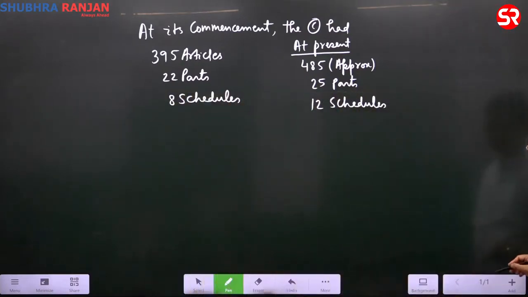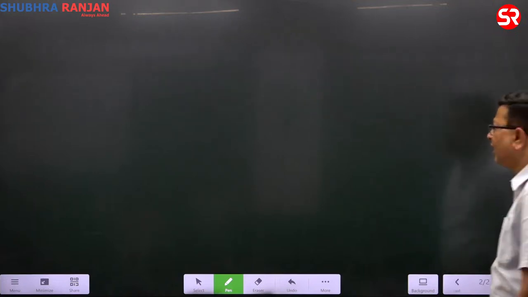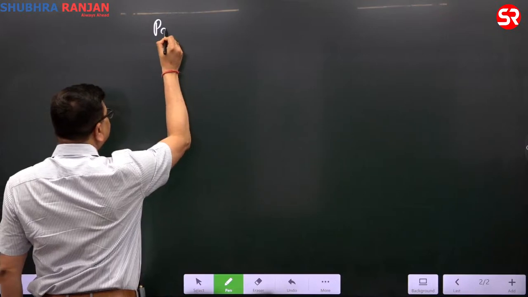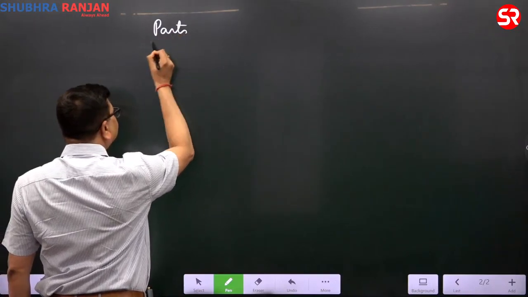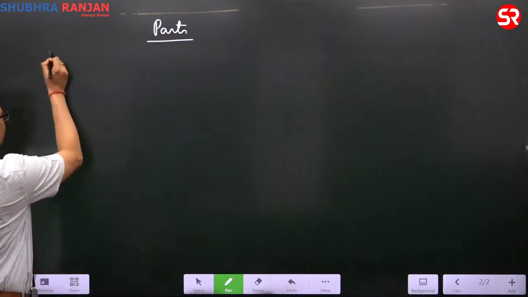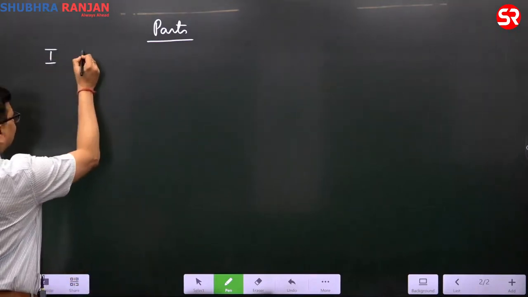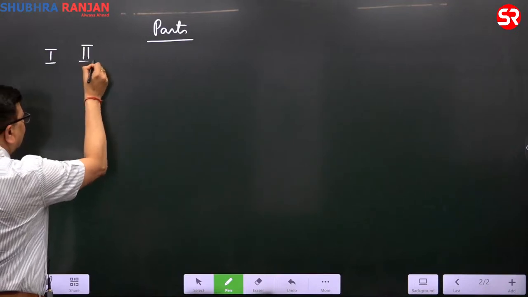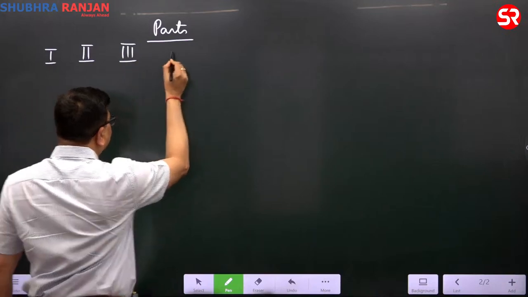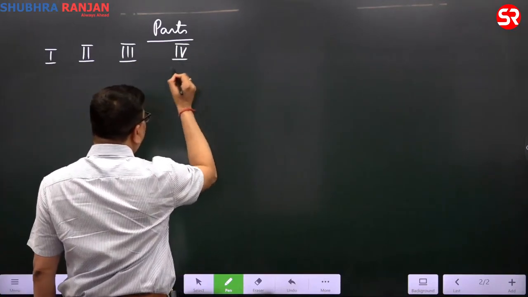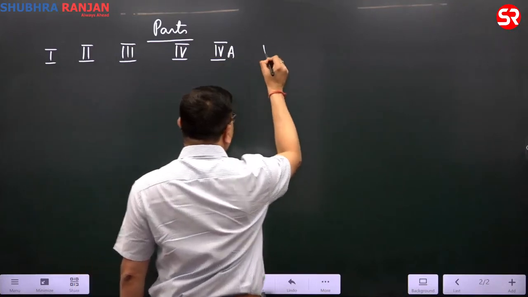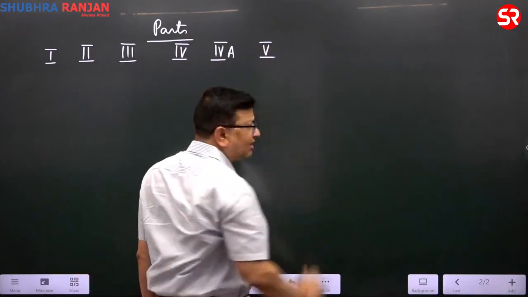First of all, when we talk about the parts, you see the parts are written like this: part 1, 2, 3, 4, 4A, 5, like this.